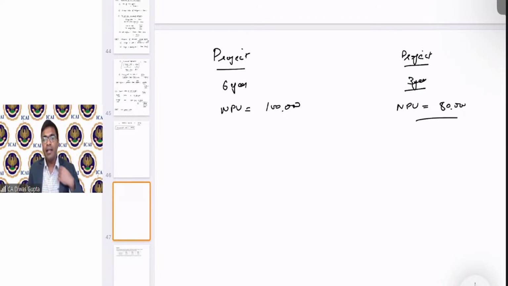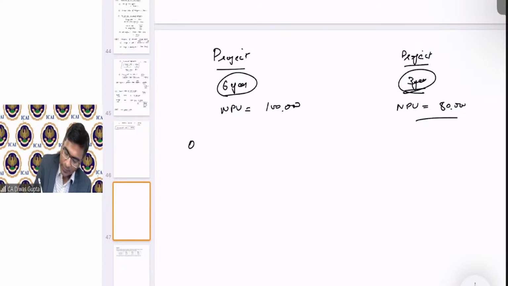We can't really compare these two projects because the useful life is totally different. So to compare two projects having different lives, we have a concept called optimum replacement cycle.